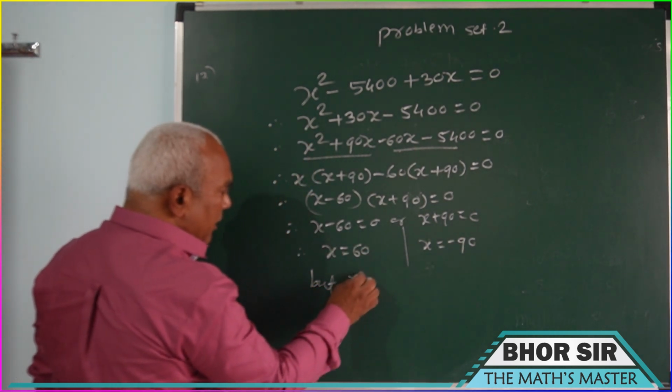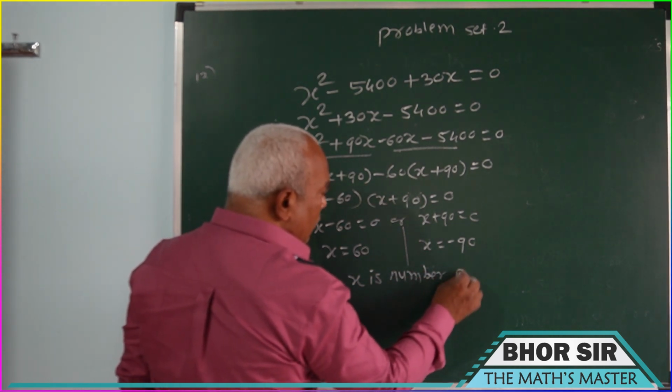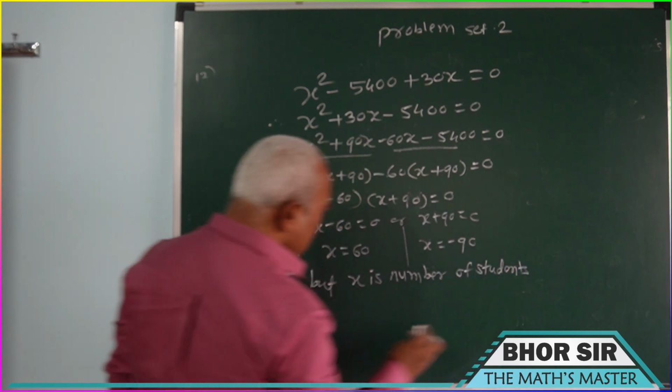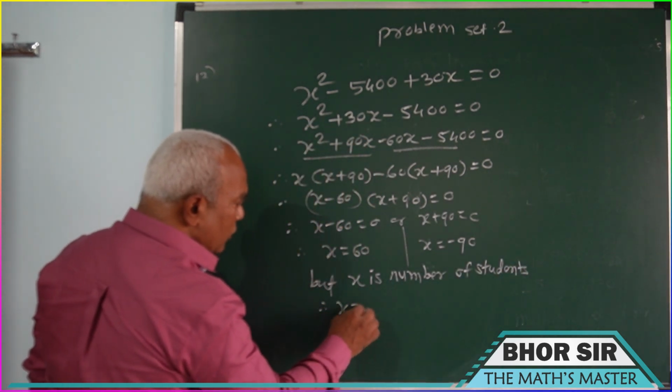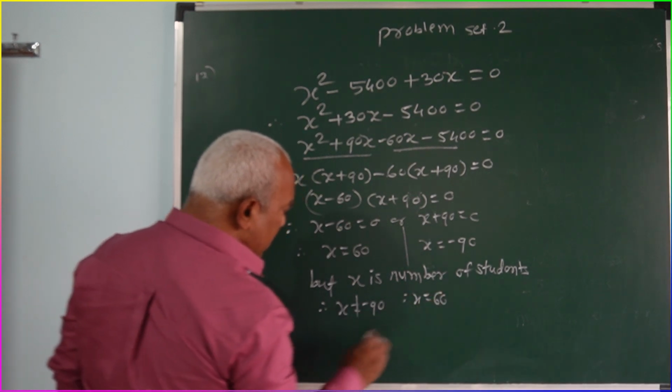But x is the number of students. Therefore, x should not be minus 90, so x equal to 60.